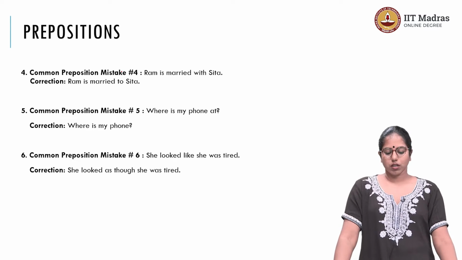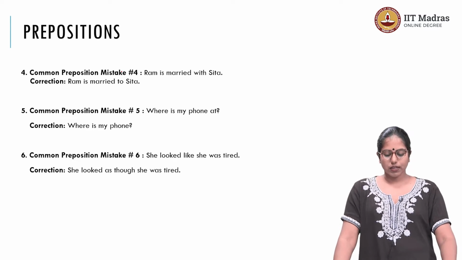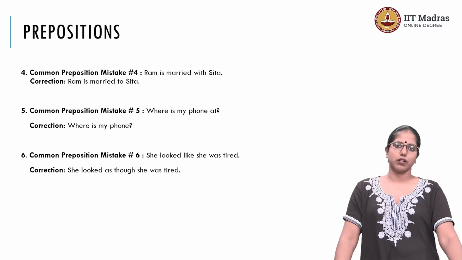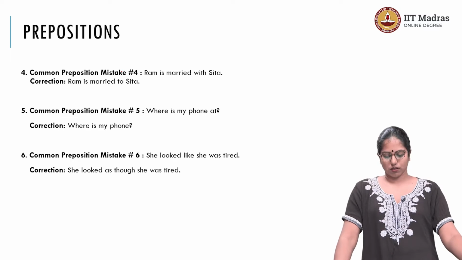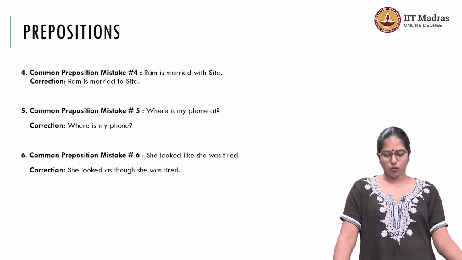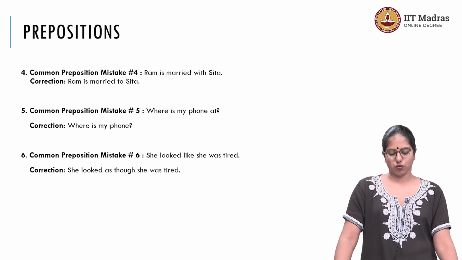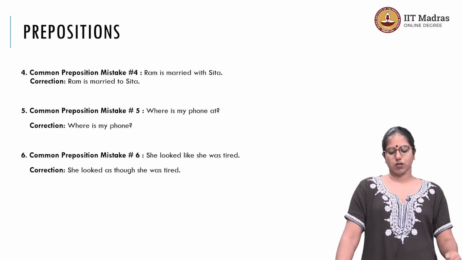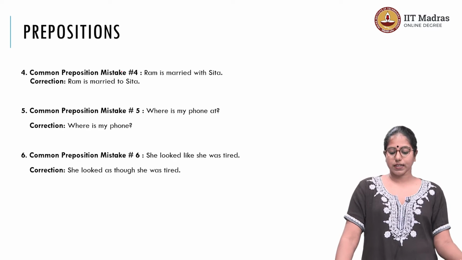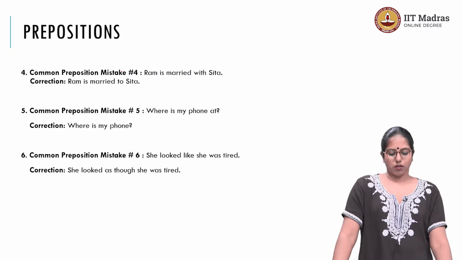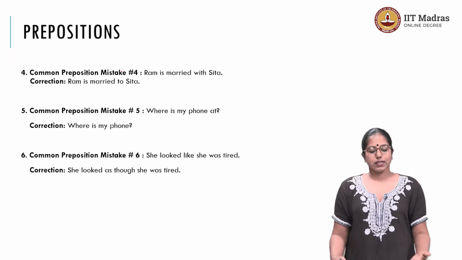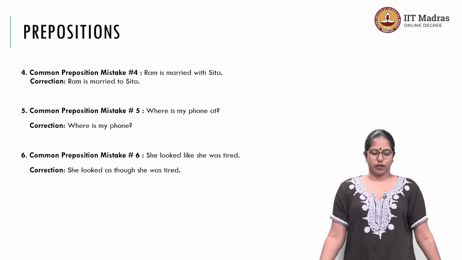Example, Geeta is marrying her fitness coach. You don't say Geeta is married with her fitness coach. What's the right sentence there? Geeta is marrying her fitness coach. And Lena is getting married to Anil.